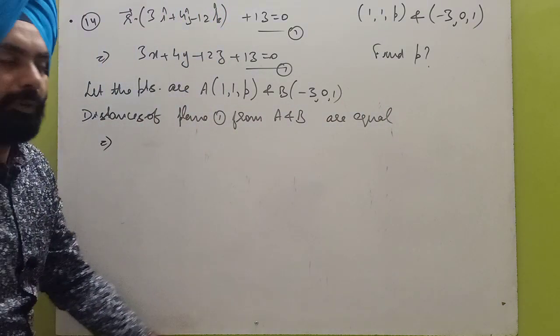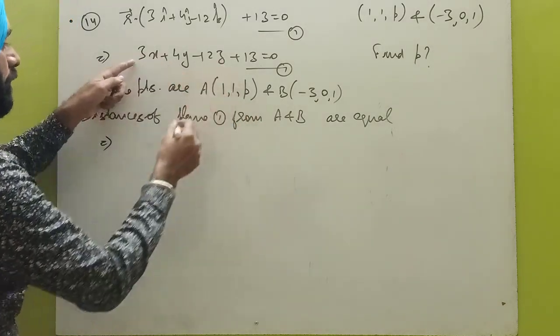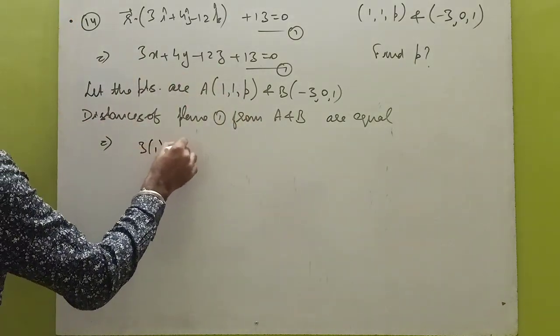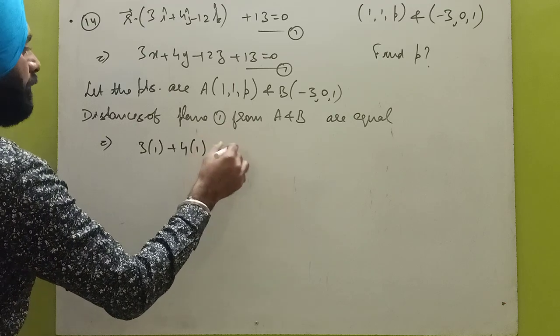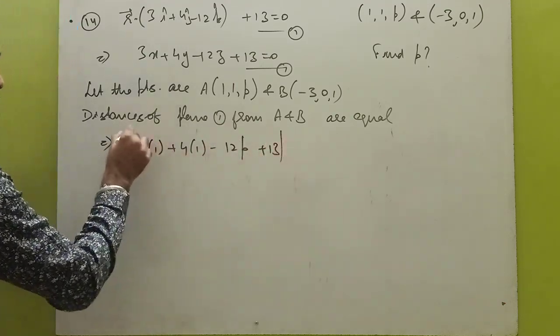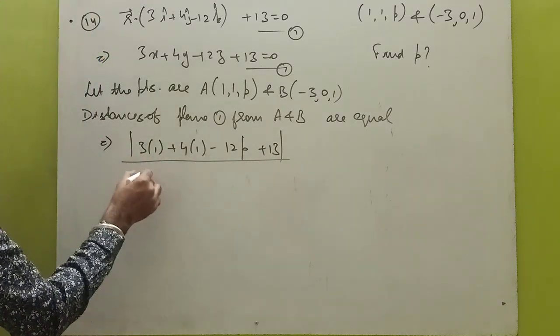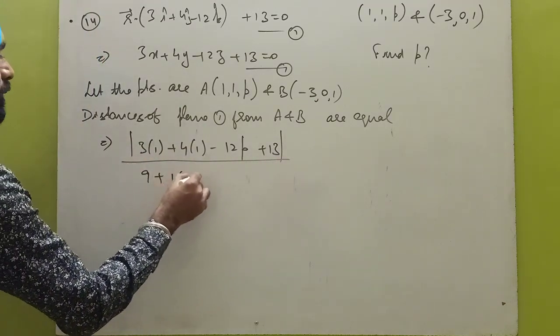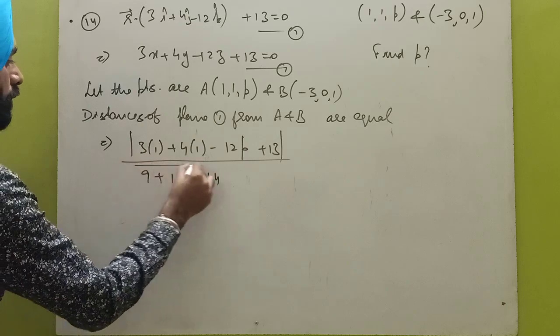So apply the distance formula. Put this point in this equation: mod of 3 into 1 plus 4 into 1 plus minus 12p plus 13, divided by the square root of the coefficient of x squared 9 plus y squared 16 plus z squared 144.